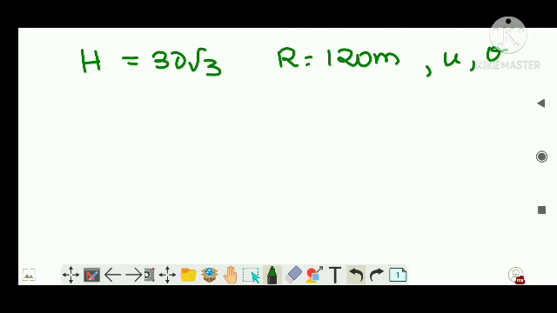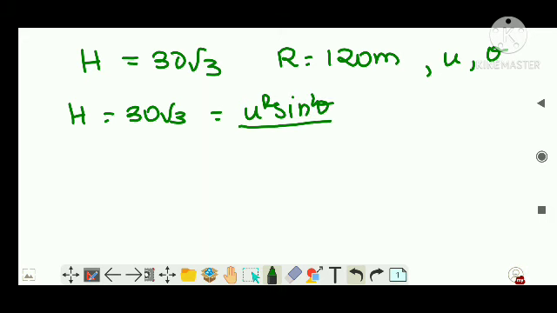That is the question. So how would you do it? You know the maximum height is 30 root 3, and the equation is u squared sine squared theta by 2g, so you are going to equate it.